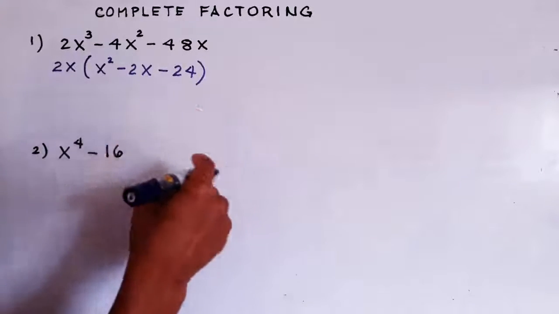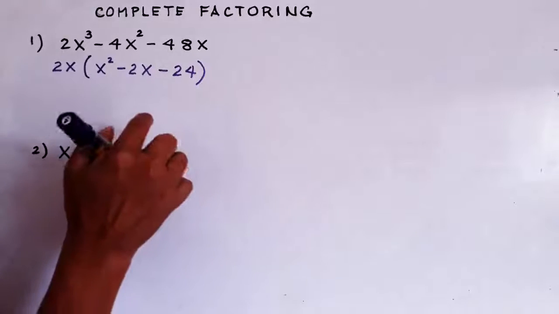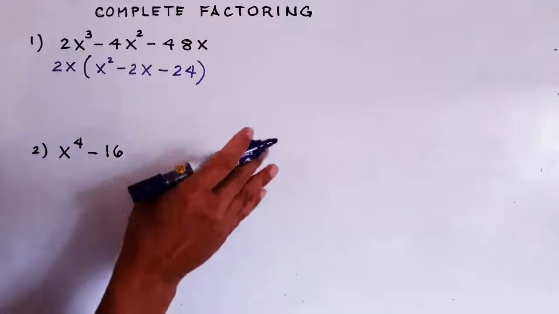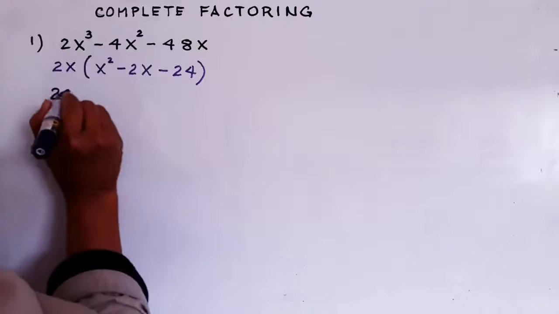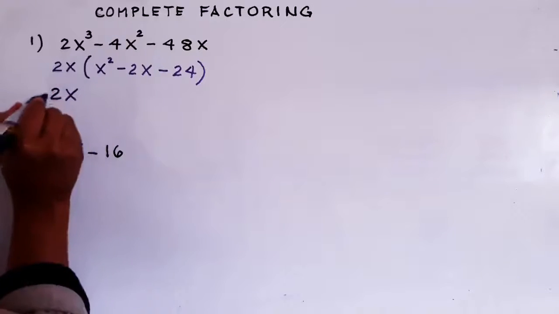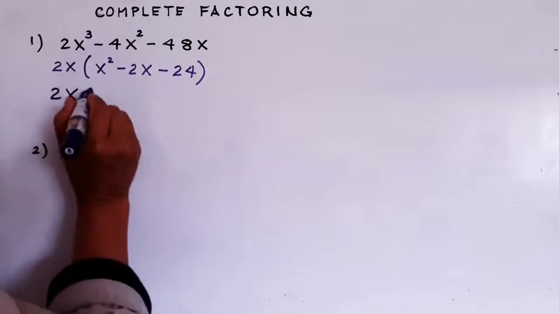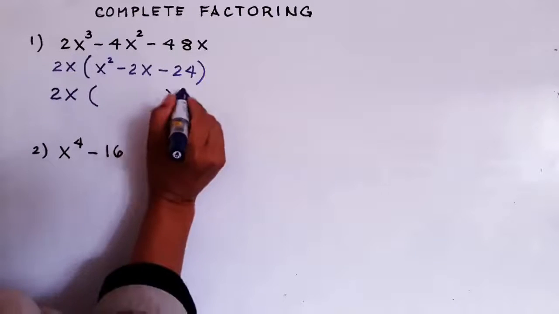When it is not yet done, you have to continue. So for 2x, I'm going to put 2x here. Don't leave this 2x. It will always be there. Alright, then we factor this trinomial here.